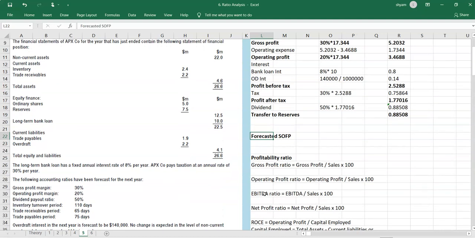So forecast and SOFP. We can start from the capital, or better, we'll start from the asset side.